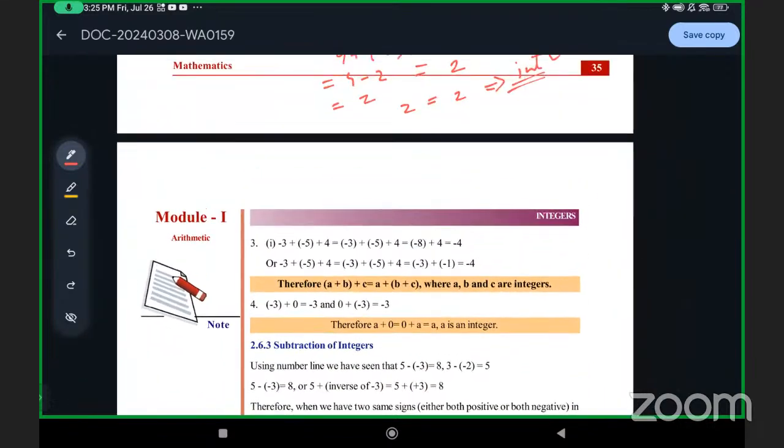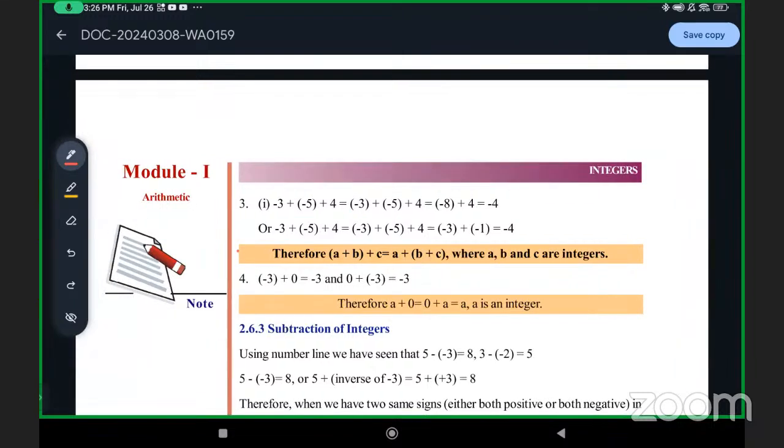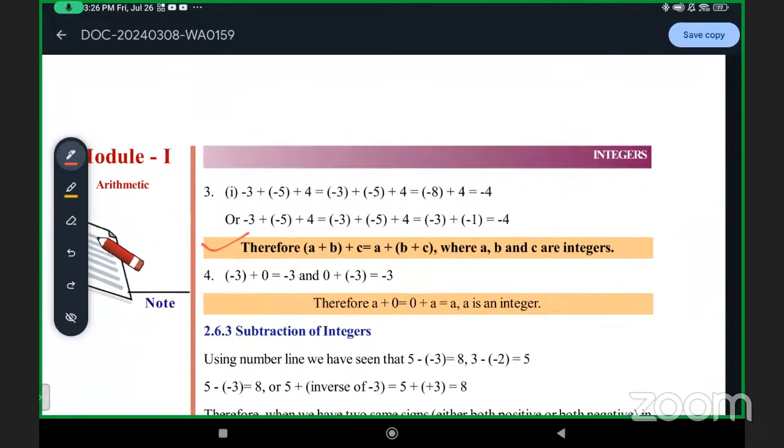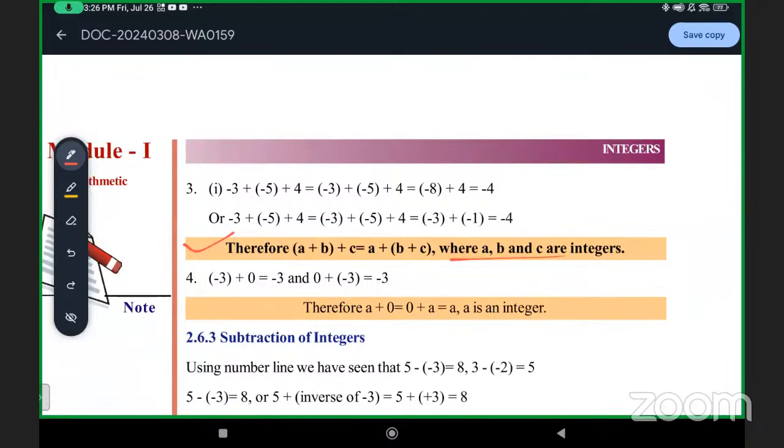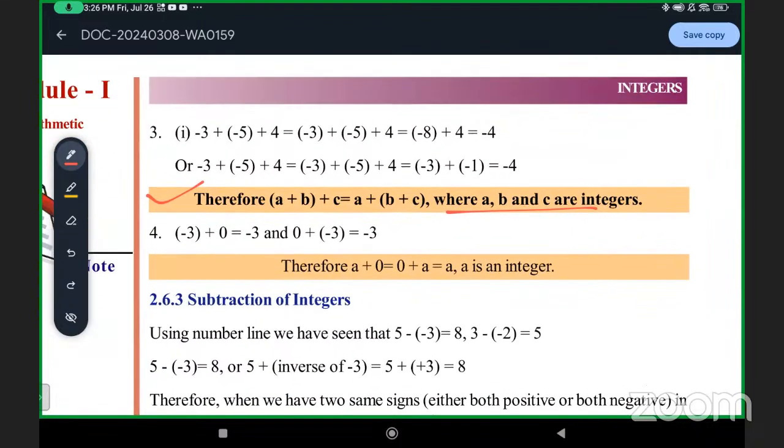Then this is your grouping. a plus b plus c equals a plus b plus c, with the grouping changed. When you group them, you'll get the same thing, where a, b, and c all should be integers. Then a plus 0 equals 0 plus a equals a. If you add 0 to something, that is 0 plus 4, you will get 4.